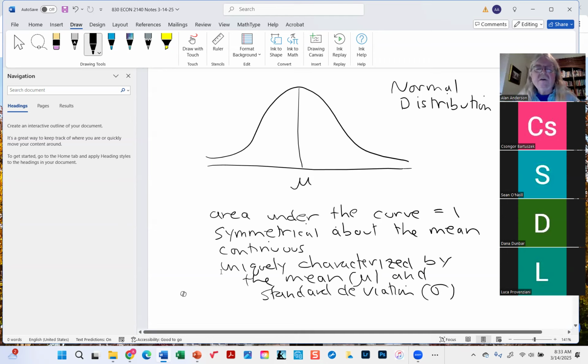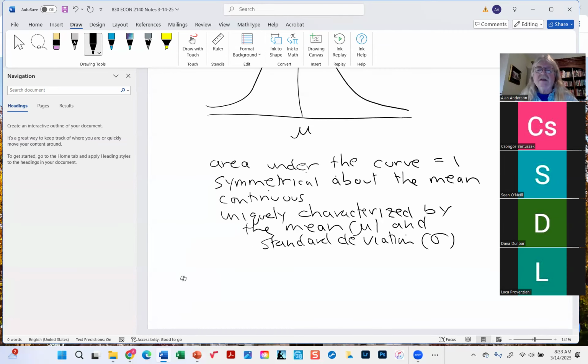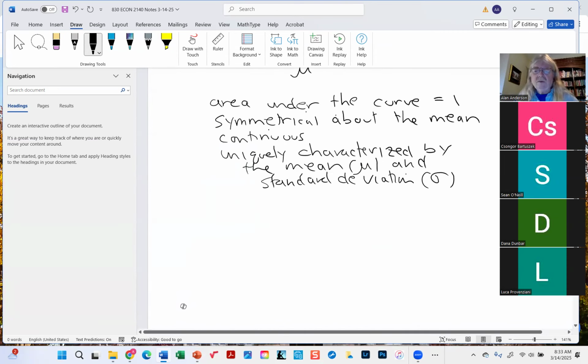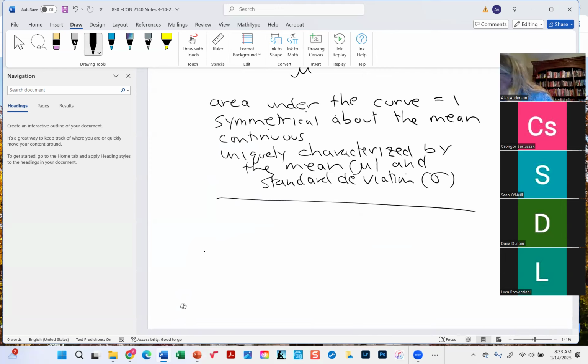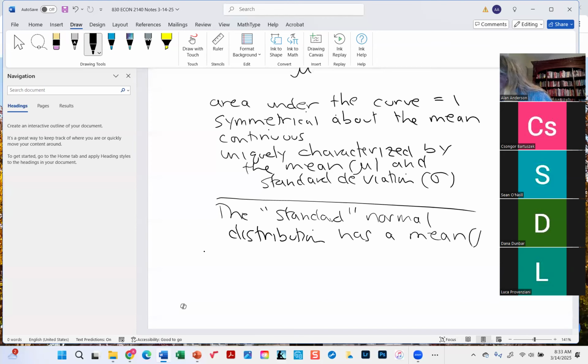All right, now what we spent most of our time doing the other day was calculating probabilities. Oh, one more thing I want to throw in here as well. The standard normal distribution is the one that has a mean of 0 and a standard deviation of 1.